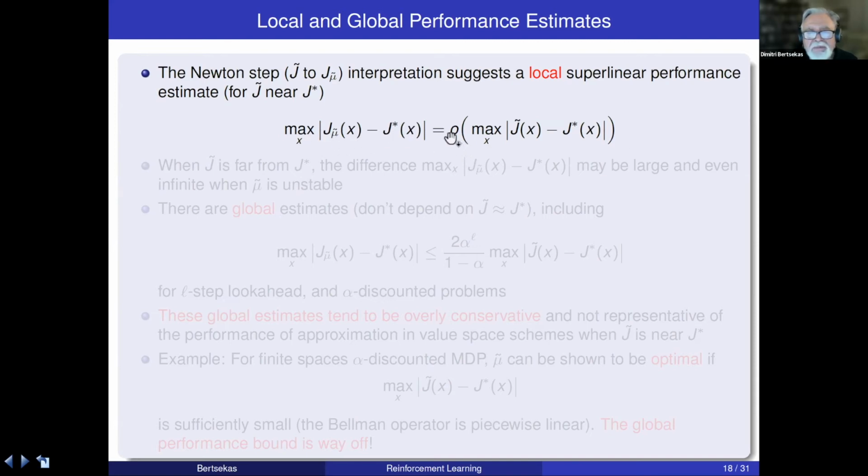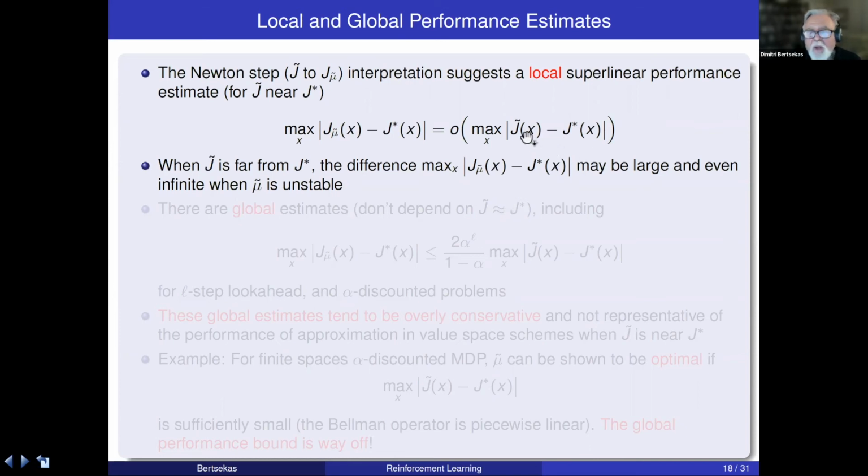This is a constant times this, but the constant is very small and tends to 0 as j tilde approaches j star. That's the meaning of superlinear performance. So once you're close, the error is very, very small. You're almost optimal. And we saw this with the adaptive control example that we gave earlier.